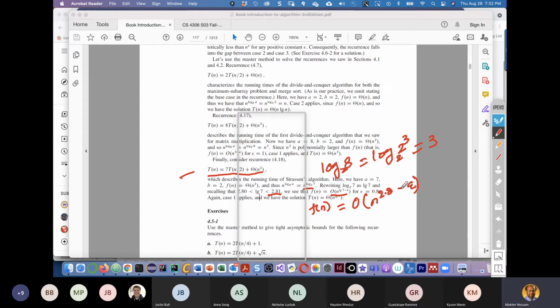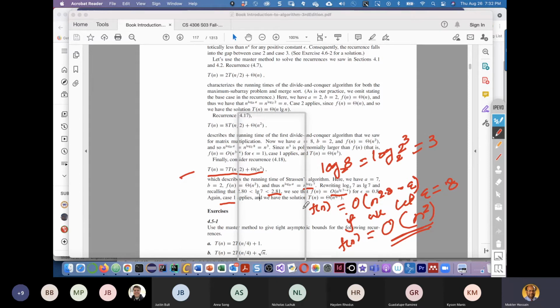Now if we assume that epsilon equals 0.8, then f(n) will be big O of n to the power 2.8 minus 0.8, which equals n squared. Then we get our n squared function, right? So that means it falls into case 1.